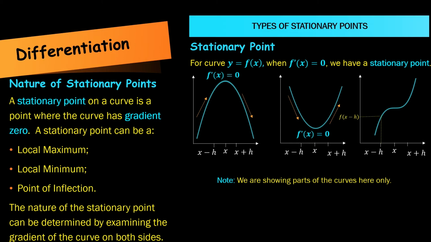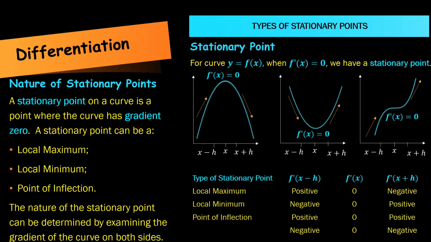Again, for the point of inflection, let's have a look at what happens just before the stationary point. At x minus h, f dash of x minus h is greater than 0. At x, f dash of x is equal to 0. And after x, f dash of x plus h is greater than 0.